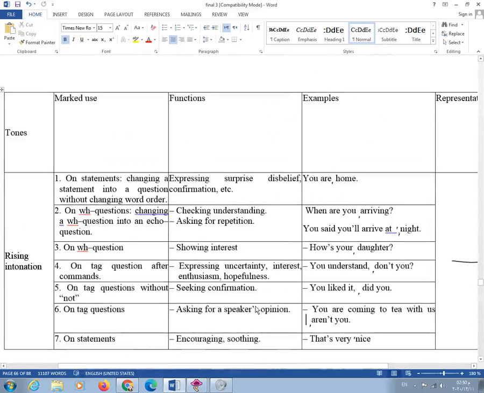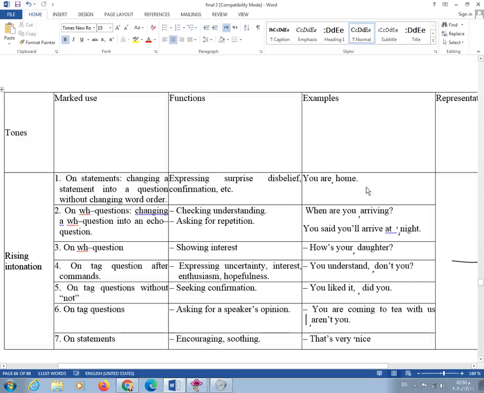Okay, for example, we can use rising intonation in statements, and in this case it changes the grammatical function of the statement from being a statement into a question without changing word order. For example, you're home, instead of saying are you home, you don't need to make these grammatical changes. Just change the tone and the meaning will be okay.